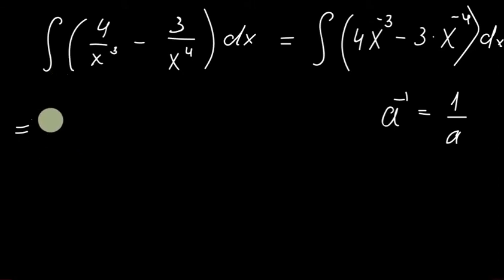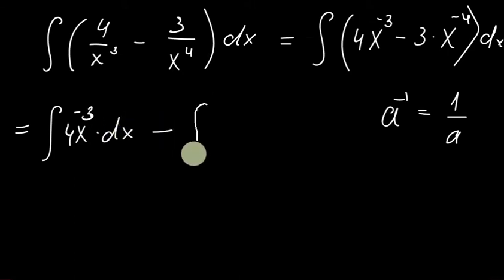Now we can integrate it. So we integrate 4 times x to the power of minus 3 dx minus an integral of 3 times x to the power of minus 4 dx.